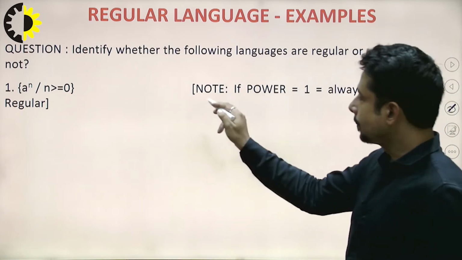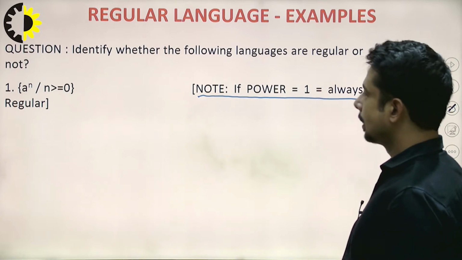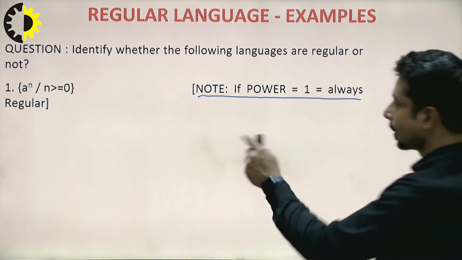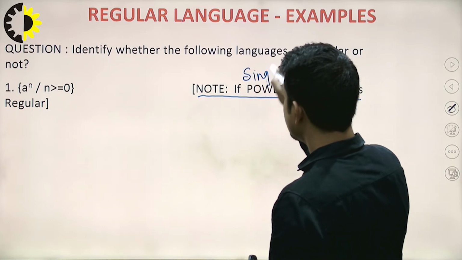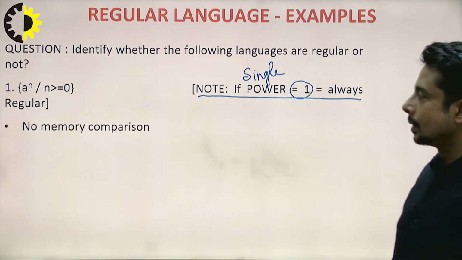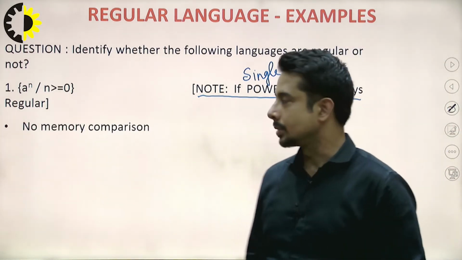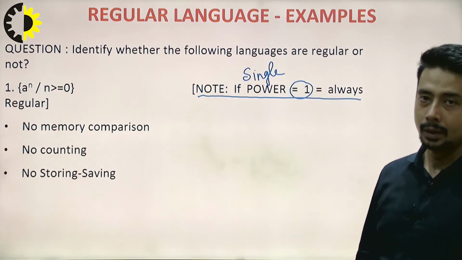Now I have put some important points on it. One particular shortcut you can remember: if the power is a single power, not equal to 1, then it will always be a regular language. Why? There is no memory, no comparison, no counting, and also no storing and saving.